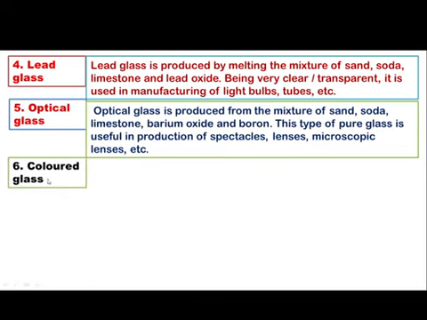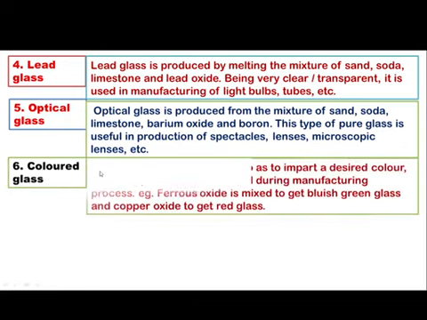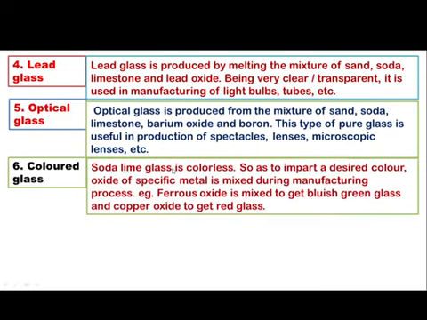Sixth, colored glass. Soda lime glass is colorless, so to impart a desired color, oxide of a specific metal is mixed during the manufacturing process. For example, ferrous oxide is mixed to get bluish green glass and copper oxide to get red glass.